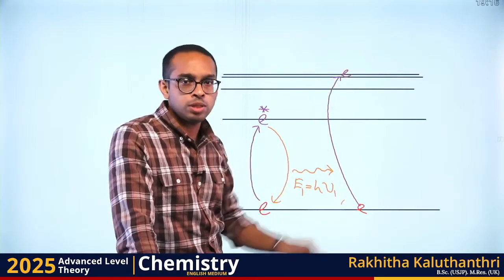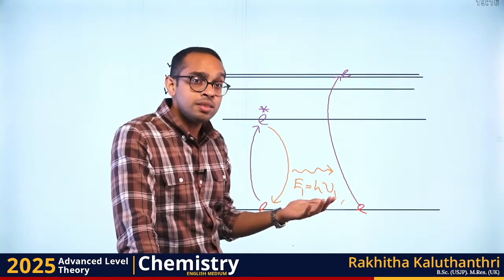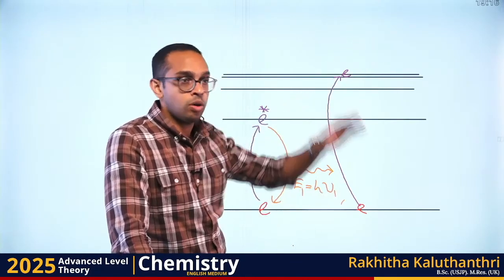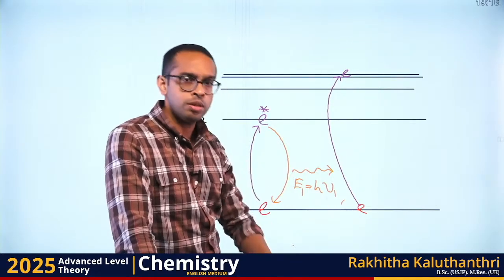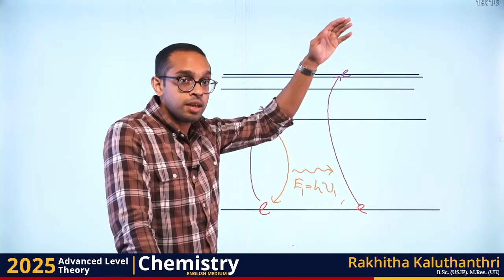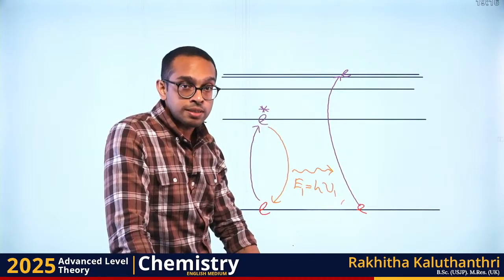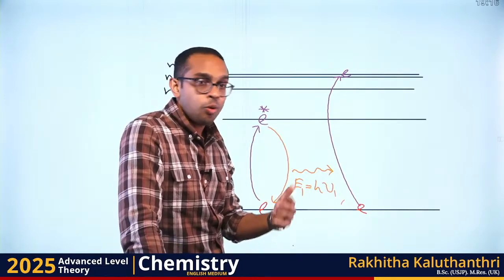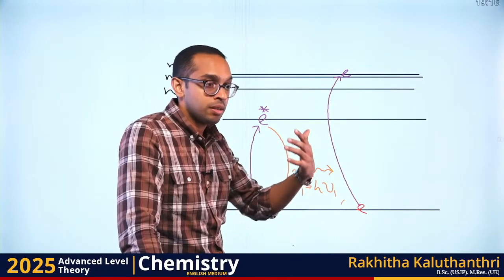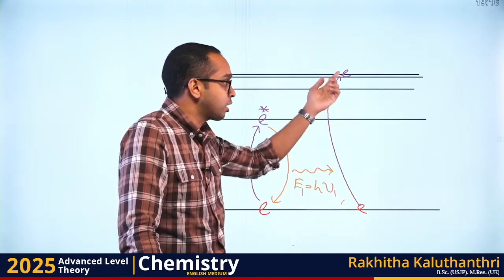They can fall back down step by step, or else they can fall back down randomly, like from the 5th all of a sudden to the 3rd, and all of a sudden to the 1st. Or from the 5th itself it can directly fall down to the 1st. So it's all up to chance.